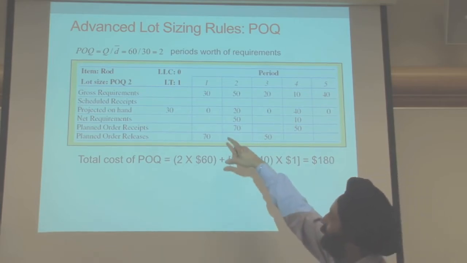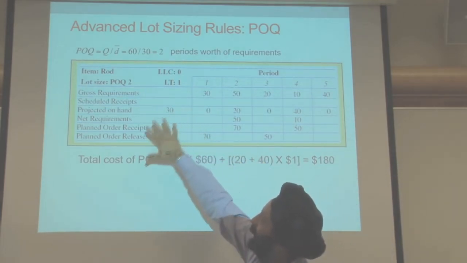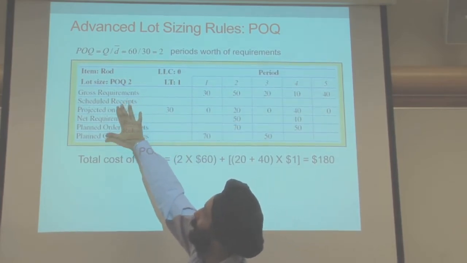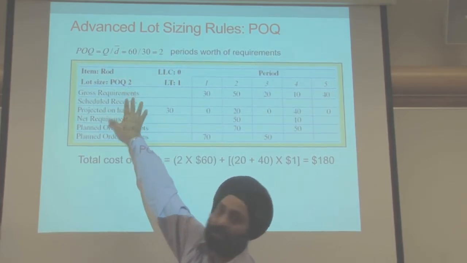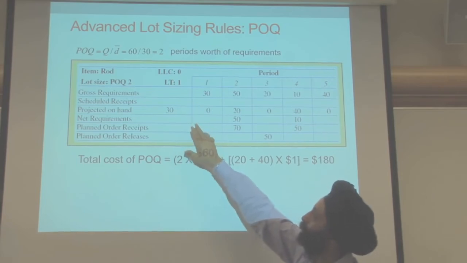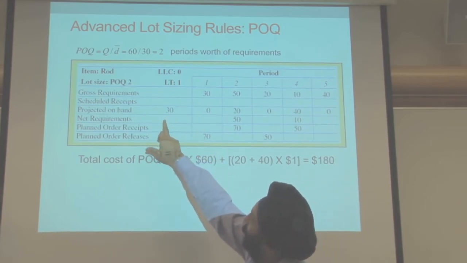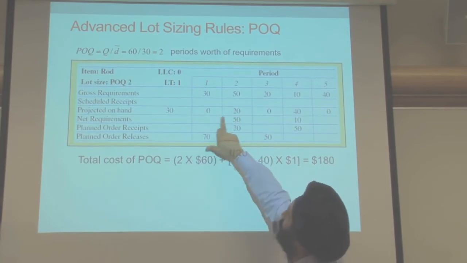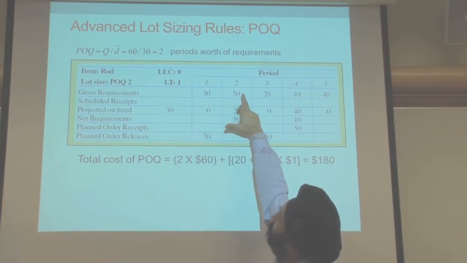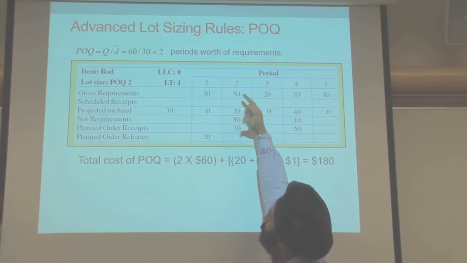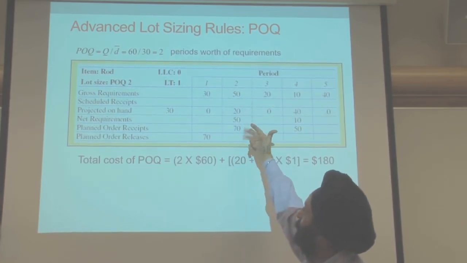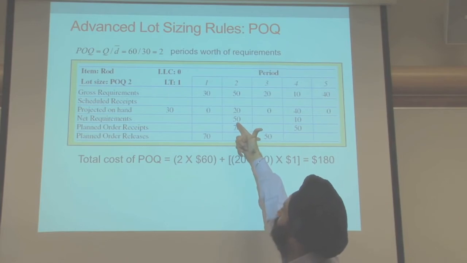So in this case, notice the exact same MRP for the same row, except the lot size is now POQ of 2. So you have projected on hand of 30 going in here, no net requirements. Moving forward, you have a gross requirement of 50, and that is a net requirement of 50.